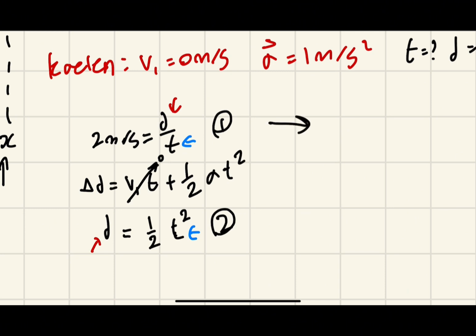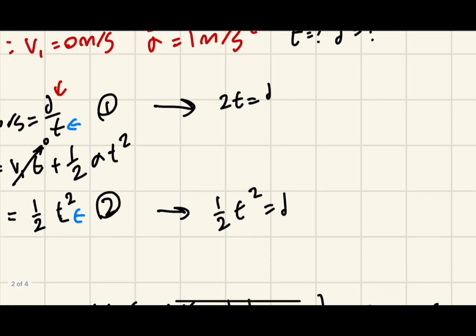If we multiply both sides of this equation by t, we get 2t is equal to d. And here we also have 1/2 t squared is equal to d. So let's just set the d's equal to each other. So now we have 2t is equal to 1/2 t squared. Divide both sides by t, multiply both sides by 2.